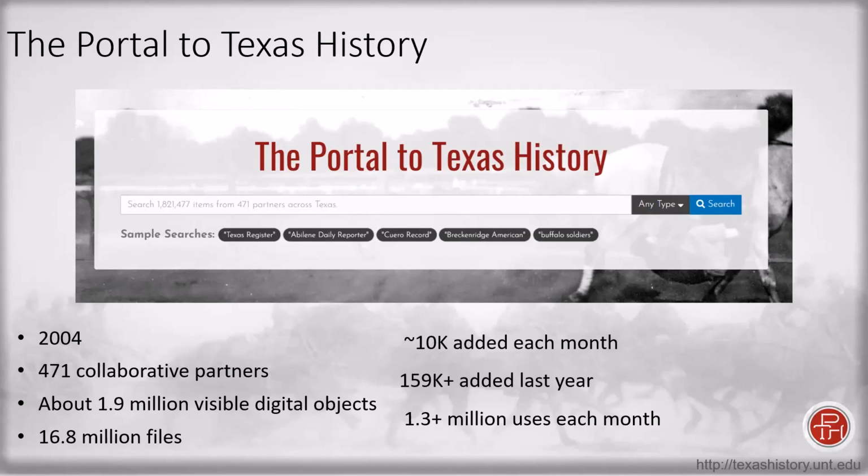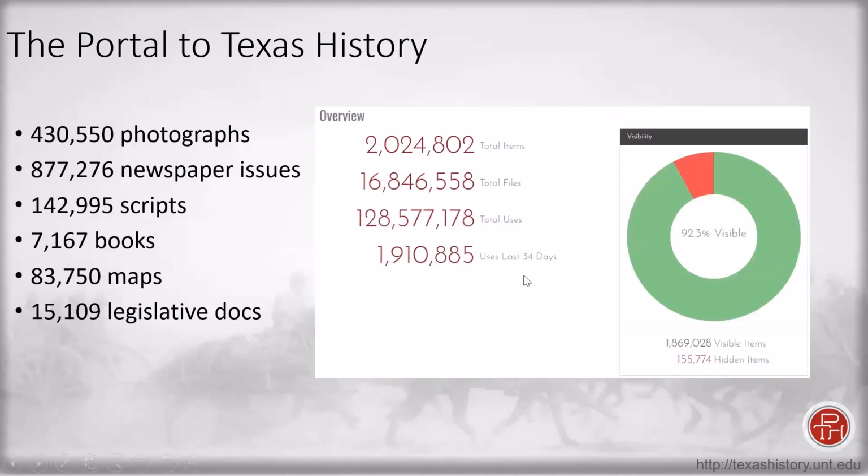I like to tell people that we're adding about 10,000 items each month. So if we don't have what you're looking for today, check back tomorrow because it might be added. We did about 159,000 items last year, and we get about 1.3 million users each month. I'll give you a little bit further breakdown of the materials that we have on the portal.